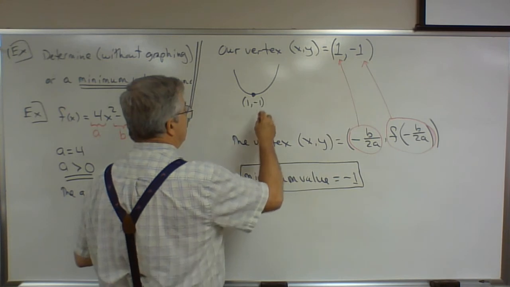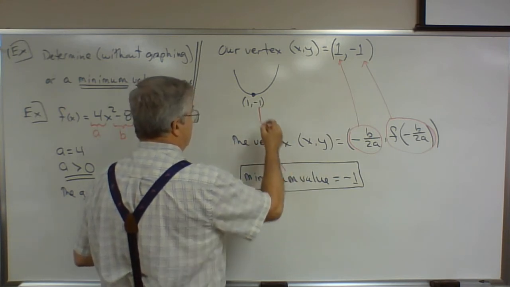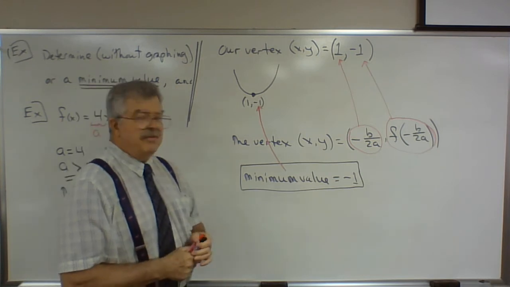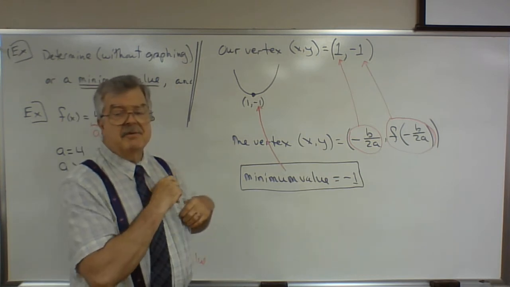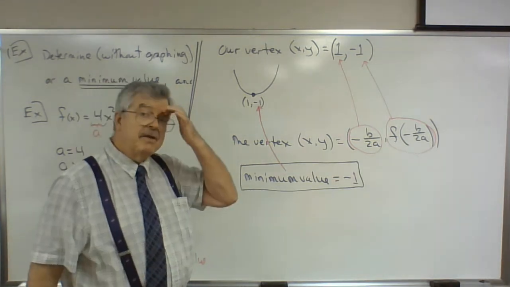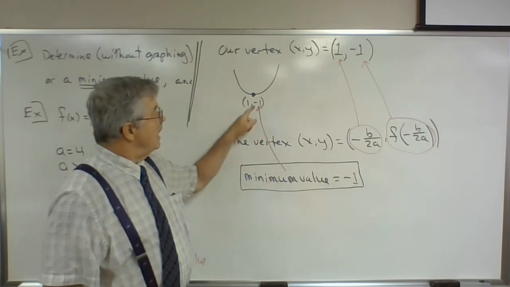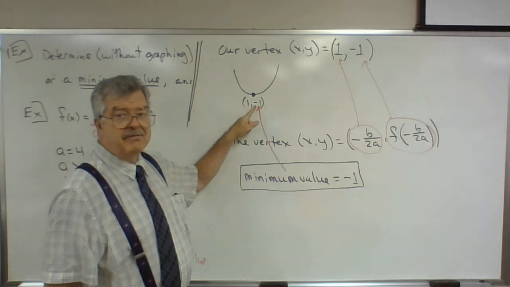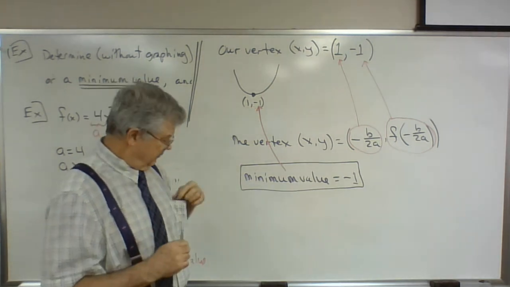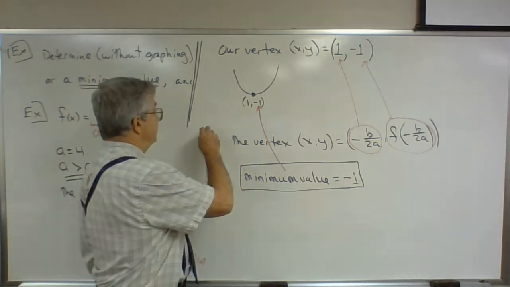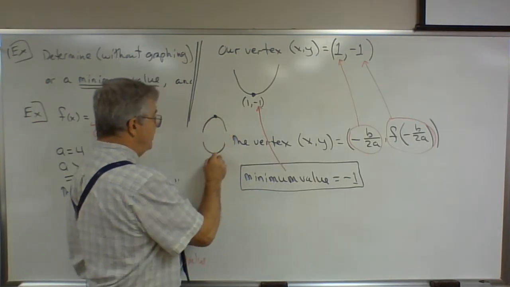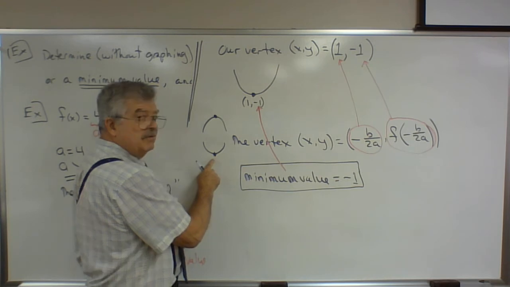Cool. Yep. The value of our maximum value or our minimum value is going to be the y-coordinate of the vertex. The y-coordinate of the vertex will either be our maximum value, if the graph looks like this, or it's going to be the minimum value if the graph looks like that.